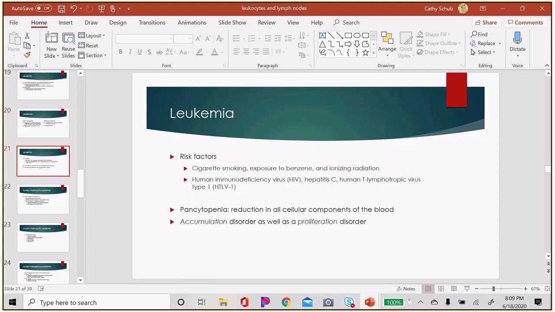Risks of leukemia include exposures to cancer initiators. So viral infections are cancer initiators. There are several types that could do that: smoking, radiation, other chemical exposures. Pancytopenia will be a symptom of leukemia, meaning there's a reduction in all the other components of the bone marrow.